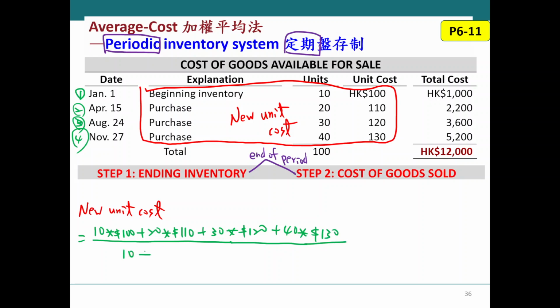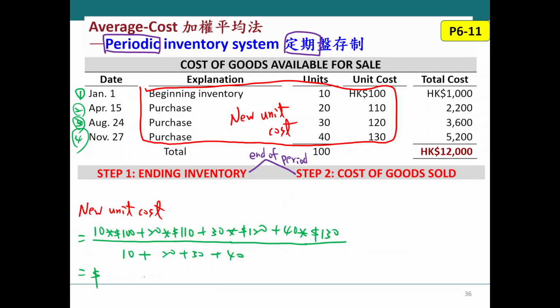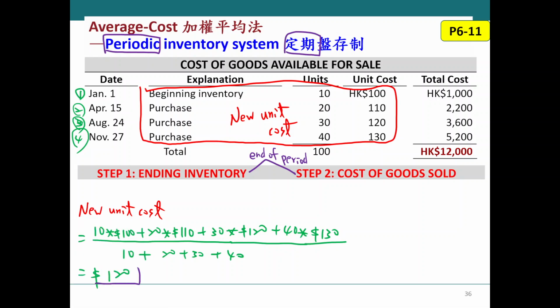Divided by total unit, 10 plus 20 plus 30 plus 40. So we got the new unit cost, how much? $120, okay?